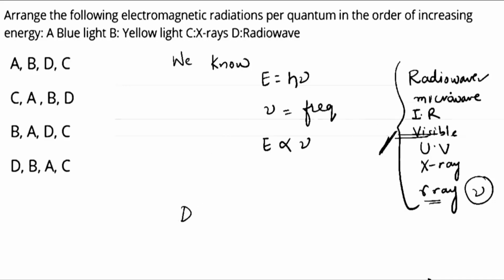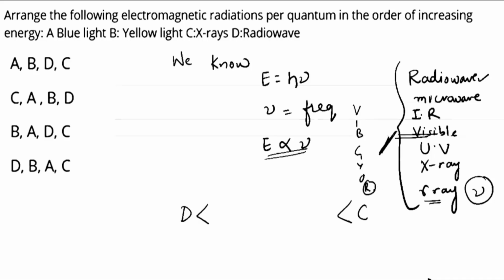After the radio wave we have X-ray. X-ray has the highest frequency, hence C will have more energy because it has the highest frequency. Now in visible, out of yellow and blue, we also know VIBGYOR.